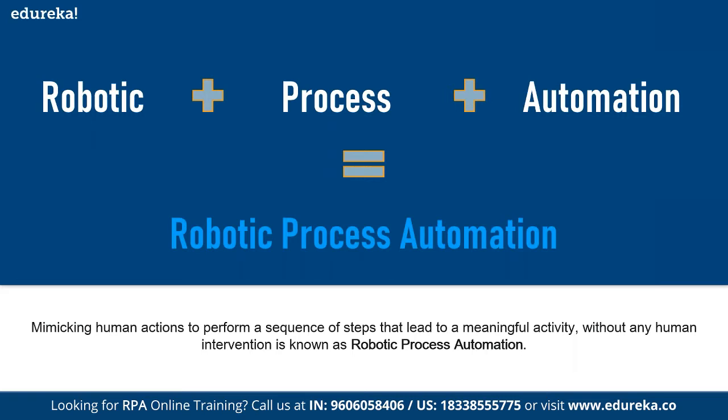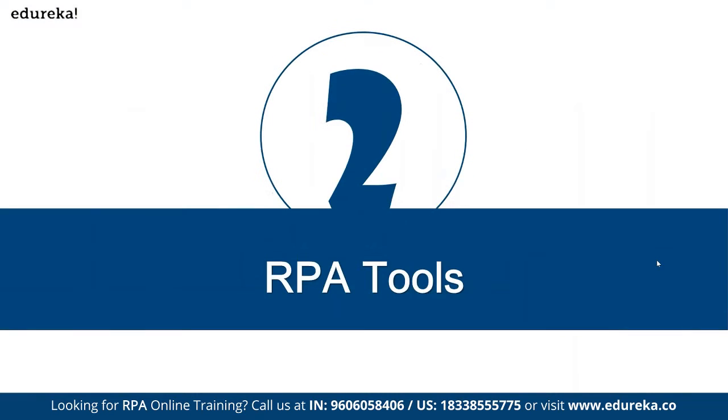So they are using us in a repetitive process. We are humans, so why can't they use us in some challenging environment? If you have RPA, they can use us, the manual resource, for innovation tasks where human intelligence is required, right? So this is what RPA is, robotic process automation.